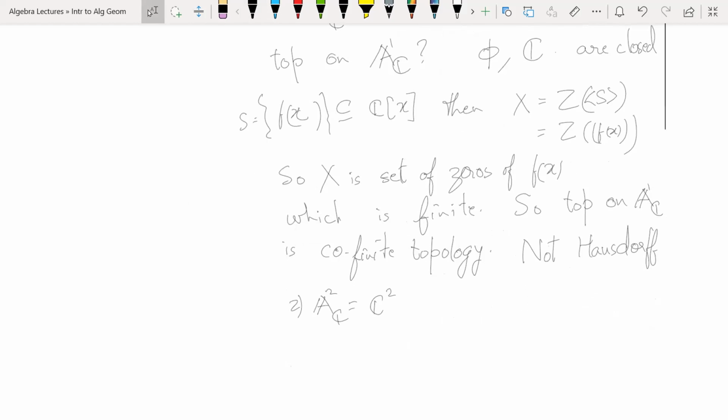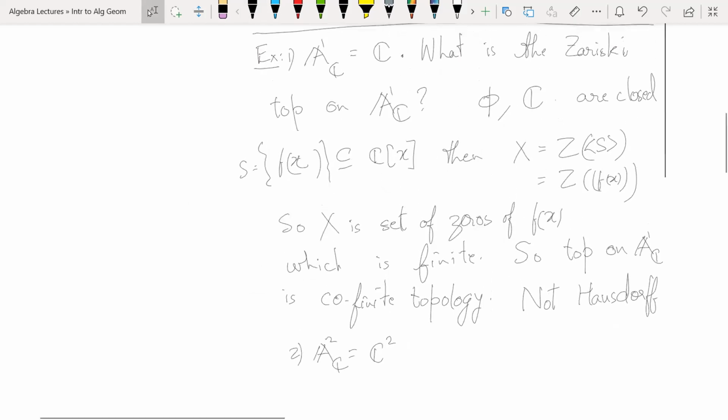But here in A2C, what are the closed sets? Or maybe, what are the open sets in the Zariski topology? Let's forget about open sets, since once we know what the closed sets are, open sets are just complements of those.